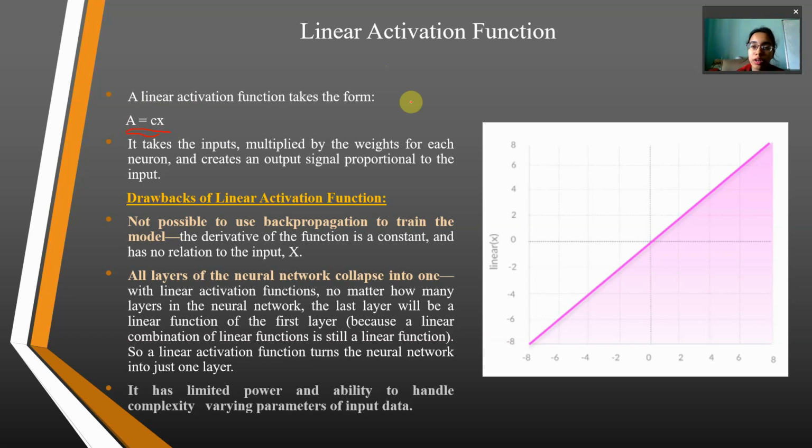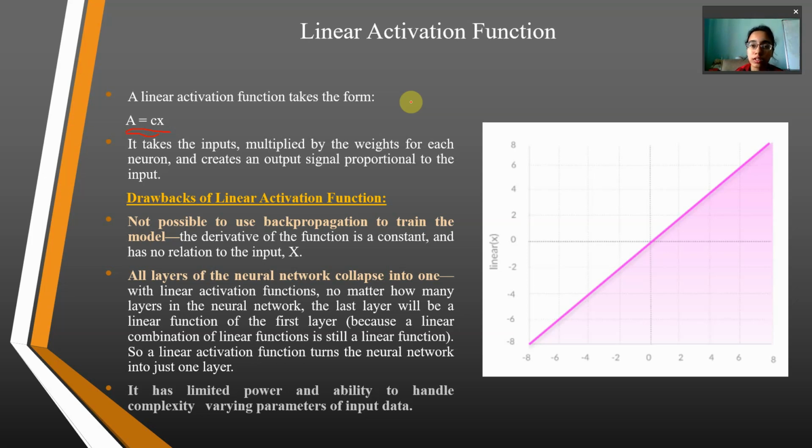So if we apply an input layer, and even if we apply thousands of hidden layers, it will collapse into one and it will produce a single output layer. So it cannot stack the hidden layers or the multiple layers one after another due to its linearity property. These are the two drawbacks for which we cannot use the linear activation function in deep learning.